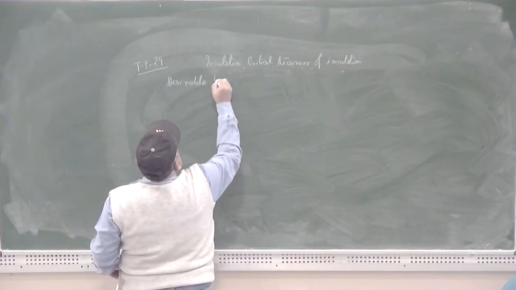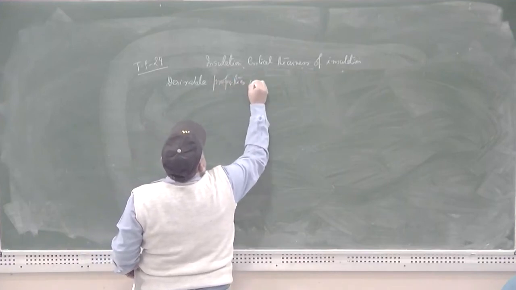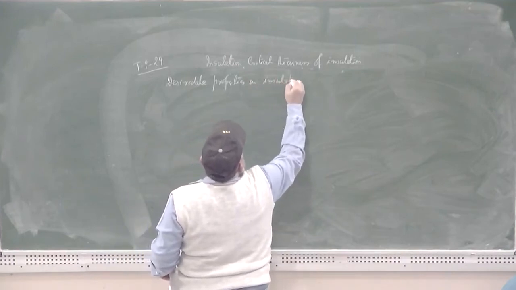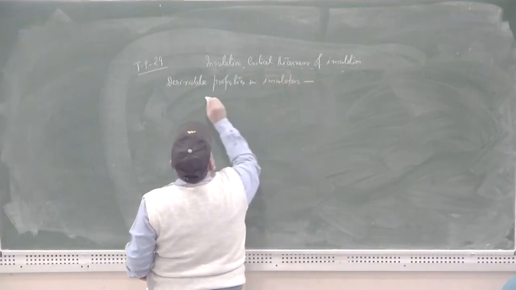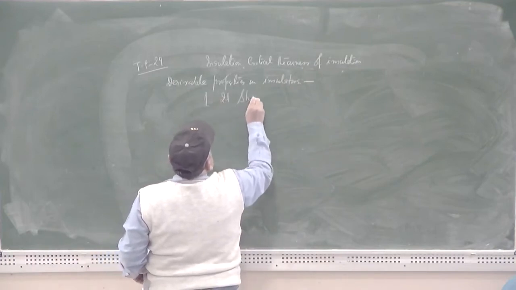Desirable properties in insulators. What are the desirable properties? Number one, it should be light in weight.